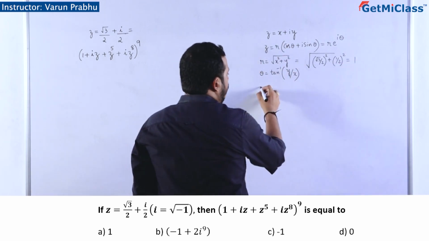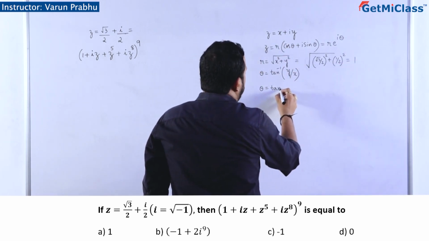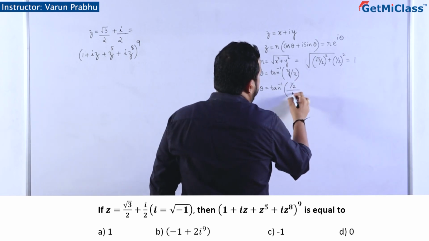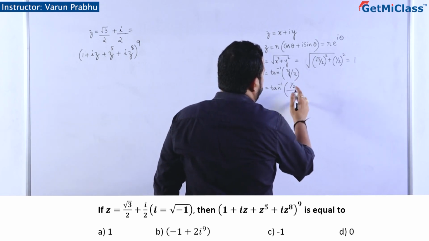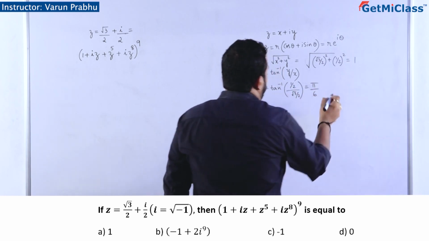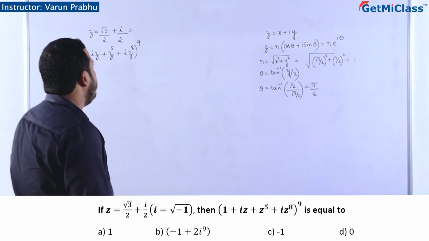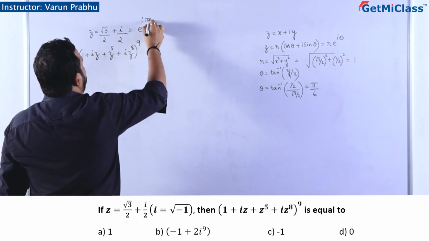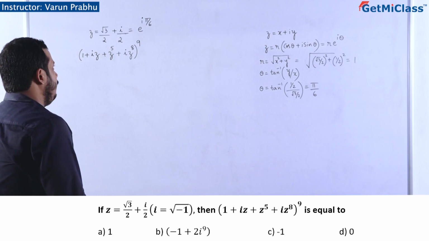R value will be equal to 1 here and theta will be equal to tan inverse of y by x, which is nothing but 1 by 2 divided by root 3 by 2. So this answer will be equal to how much? 1 by root 3. So tan inverse of 1 by root 3 is pi by 6. So I can easily write this as e to the power I into pi by 6.